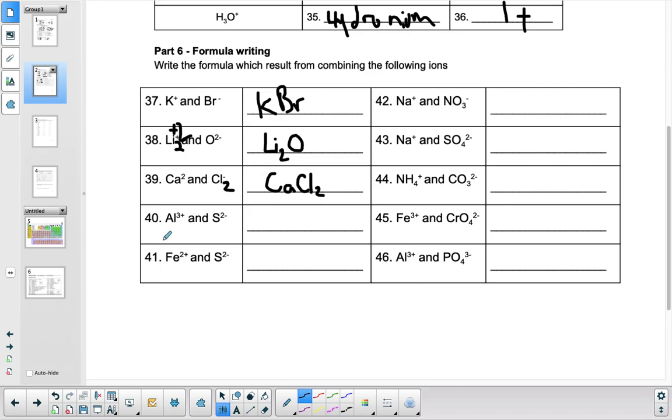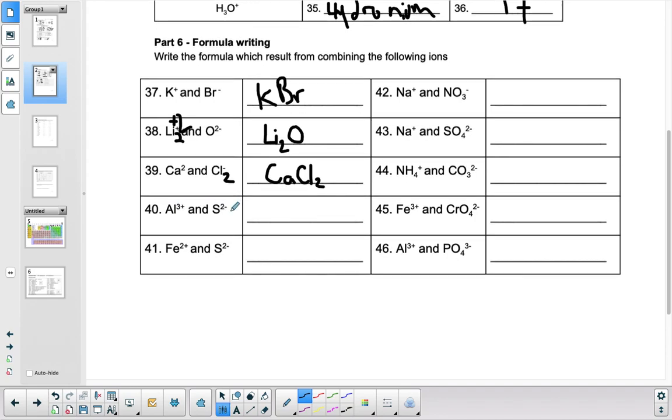40 gets a little bit trickier. These don't add up perfectly, so you have to do a little bit more thinking for these ones. You need to find the lowest common denominator. The way you would do that is you're just going to kind of switch them around.